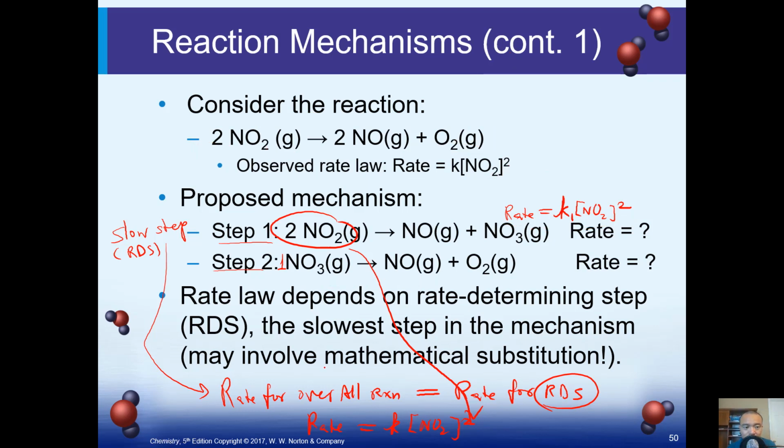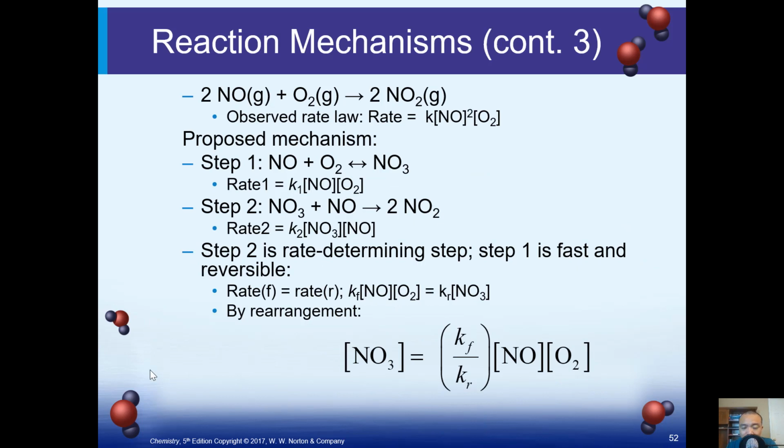Since the experimentally observed rate law agrees with the proposed rate law according to this mechanism, that means this proposed mechanism is reasonable, or it could be correct, but it doesn't exclude other possible mechanisms.